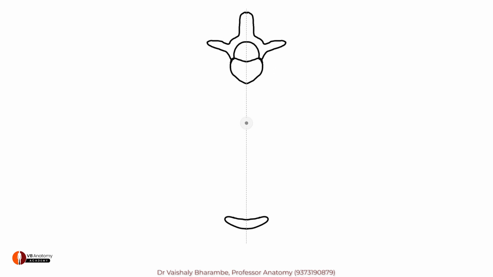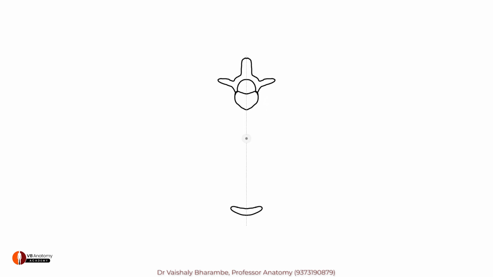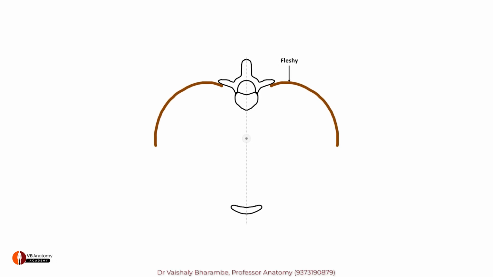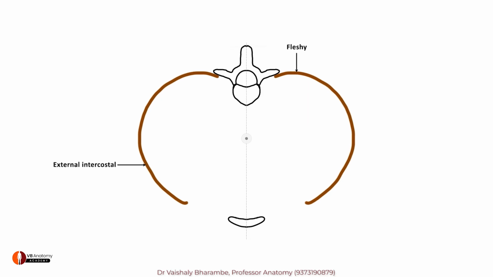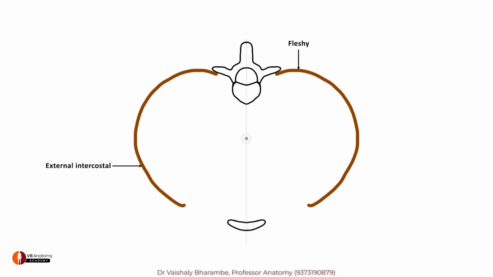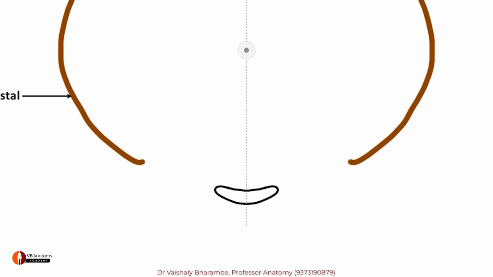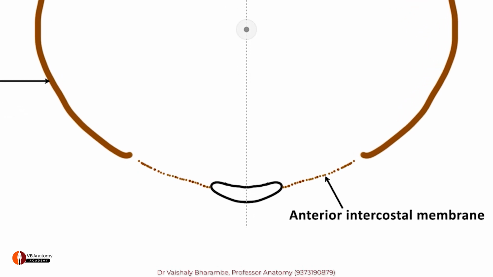Now our job is to create the muscles. Let's take the first color for the muscles. Since it's a comparatively thicker muscle, let's take a bigger thickness. Remember, the muscle is quite fleshy behind and then becomes quite thin and membranous anteriorly. So as you come anteriorly, reduce the thickness of the pen, and here's the membrane.